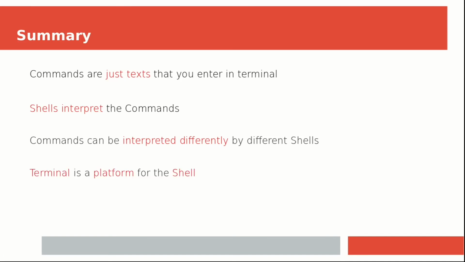The terminal is just a platform or a window for the shell, used for typing the commands and pressing enter so that the shell can take that command, go to the operating system, and give it directions to take action accordingly.